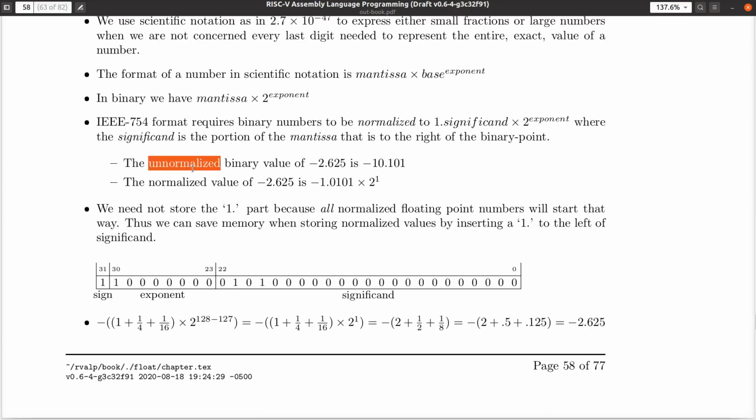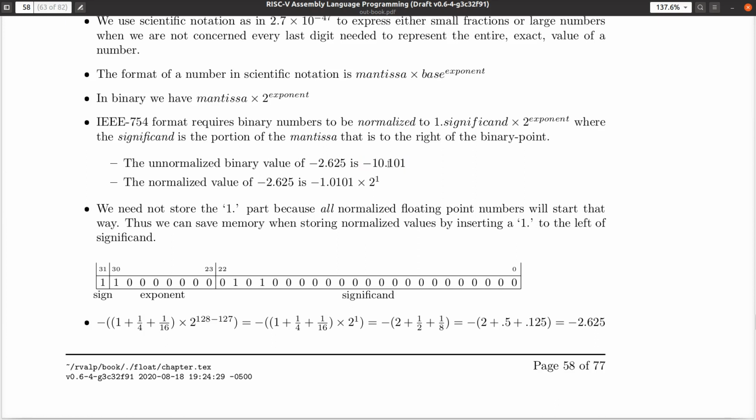Here's an unnormalized binary number that represents negative 2.625. That would be negative 10, and in binary, 10 is 2. This portion of it, we call the unsigned magnitude, the unsigned value of this here with a negative in front of it.